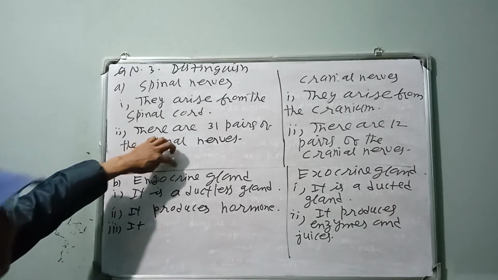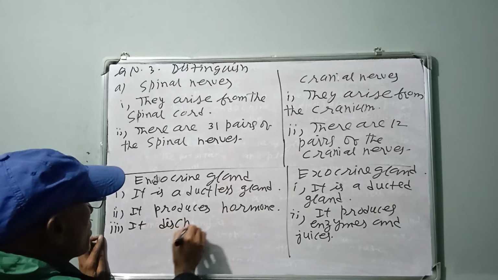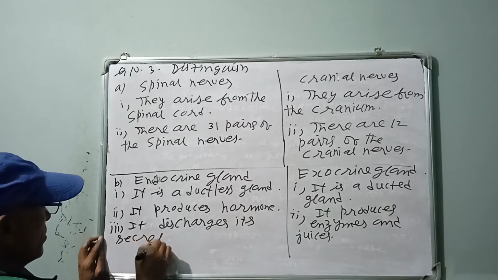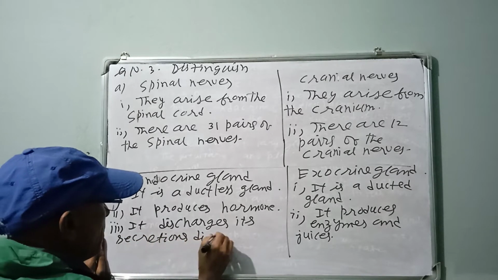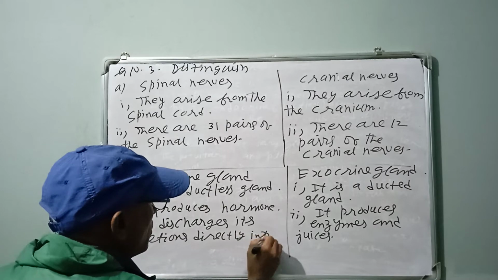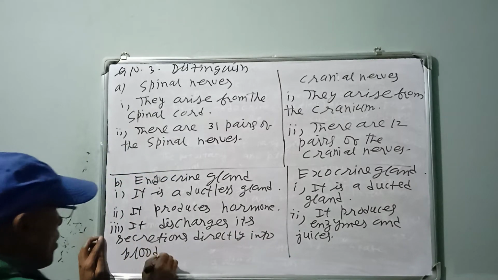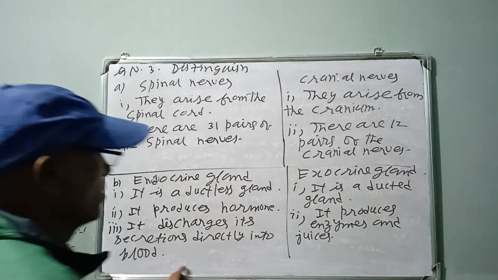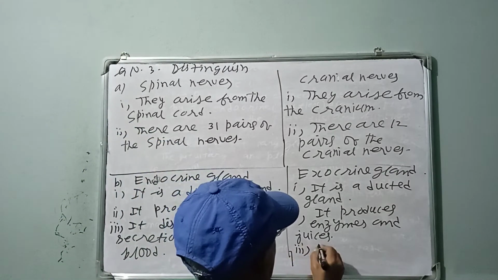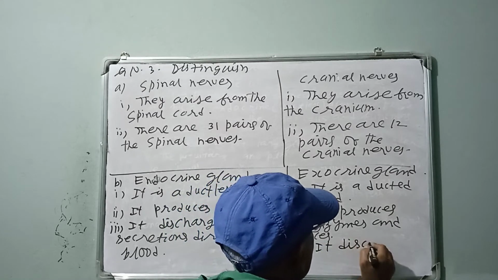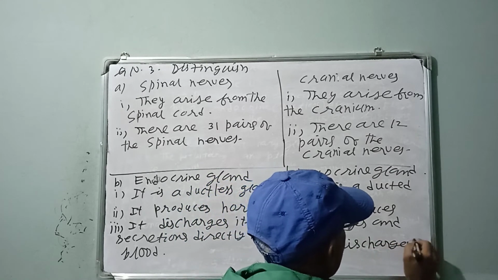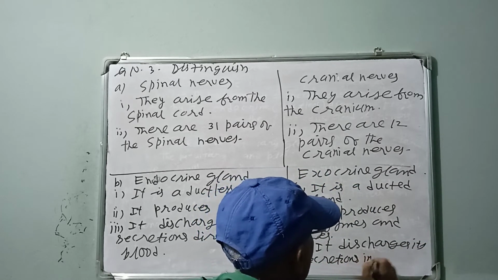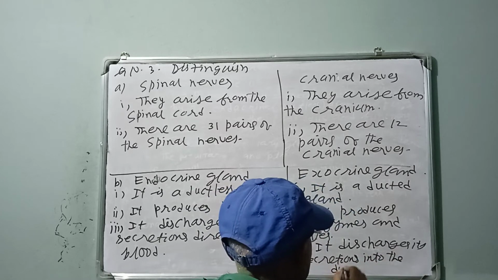Endocrine gland discharges भन्नु छोड्छ, discharges its secretion directly into blood. ब्लडमा आफूले जे उत्पादन गर्छ त्यसले ब्लडमा छोड्दिन्छ. जस्तो हर्मोन ब्लडमा जान्छ. यसले के गर्छ? It discharges its secretion into the ducts.